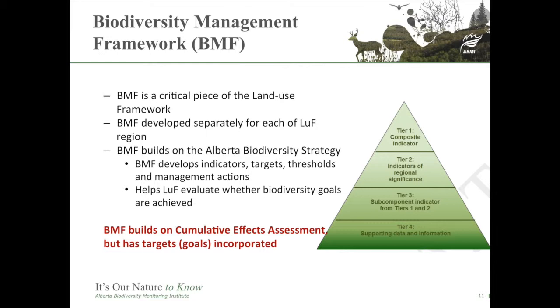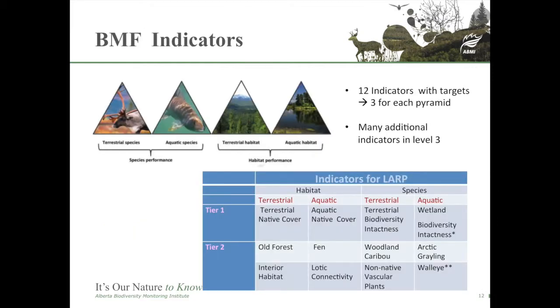The goal is that this framework helps the land use framework assess whether or not the desired future conditions are being achieved. So the BMF is a cumulative effects assessment, but it builds in targets and thresholds. That's a major advancement, a major change. The BMF is the management framework for indicators and so on.